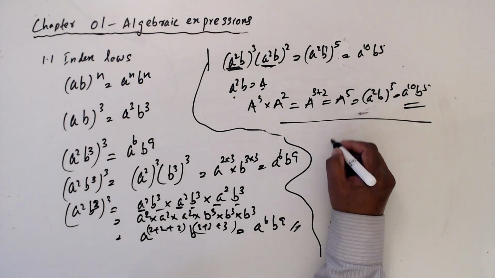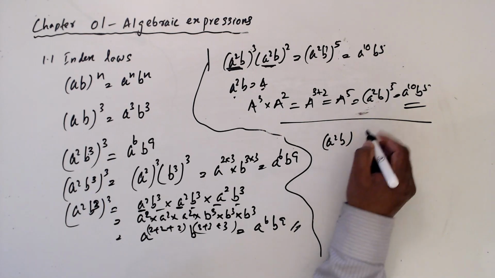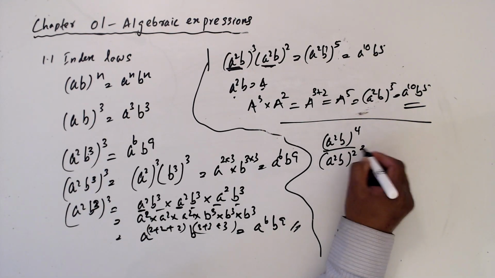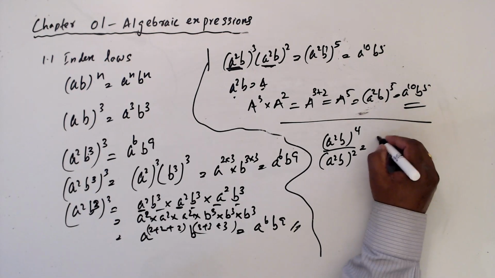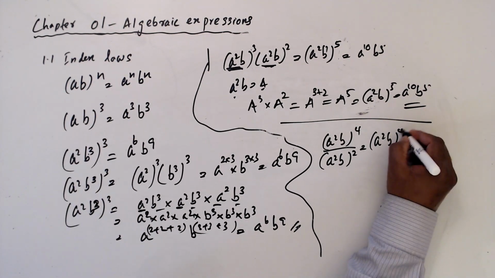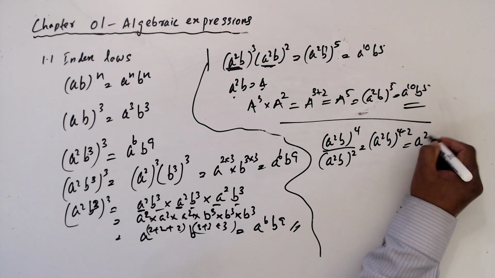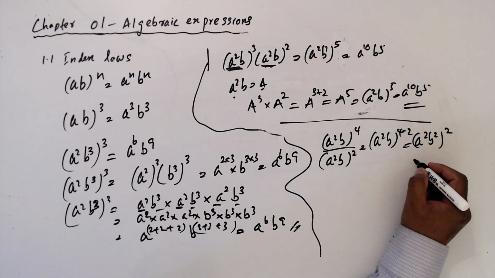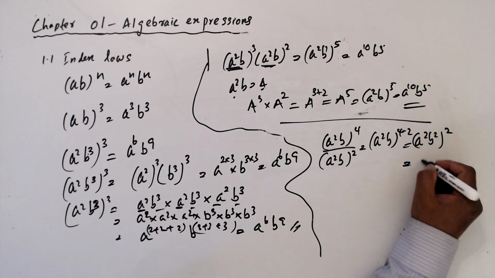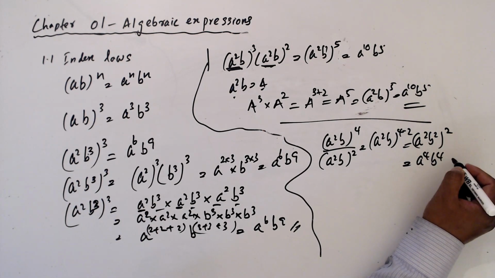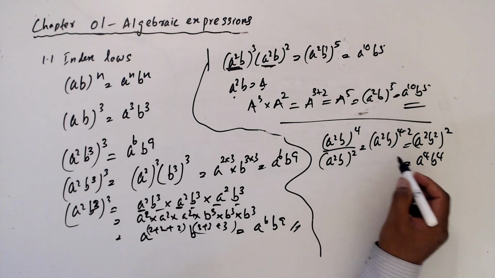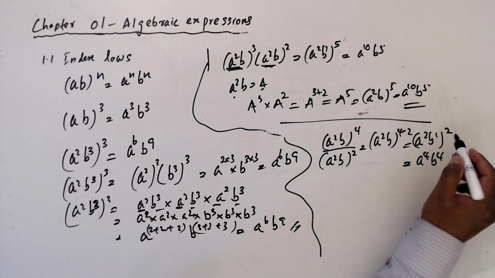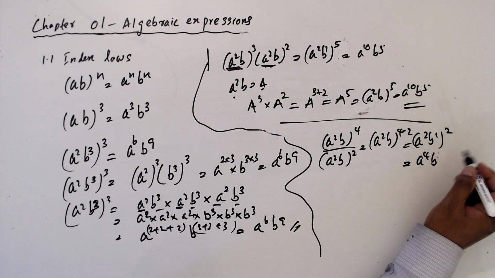Same with a to the power 4 b to the power 4 and a squared b squared. We can write a to the power 4 minus 2, b to the power 4 minus 2, that is a squared b squared. So we can simplify a to the power 4 over a squared, b to the power 4 over b squared.